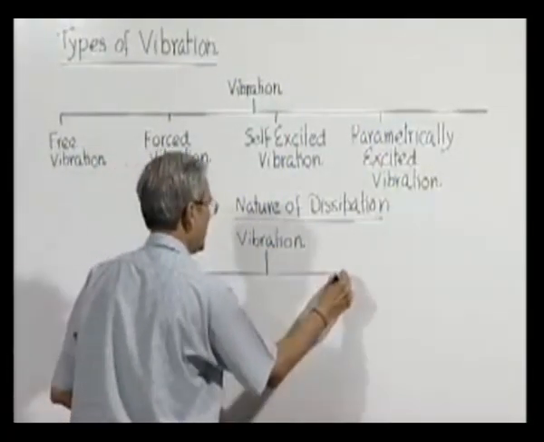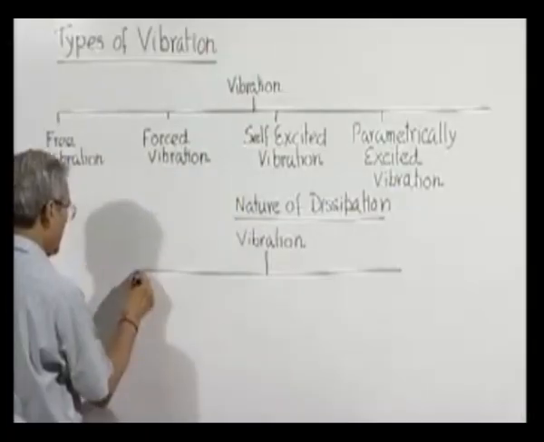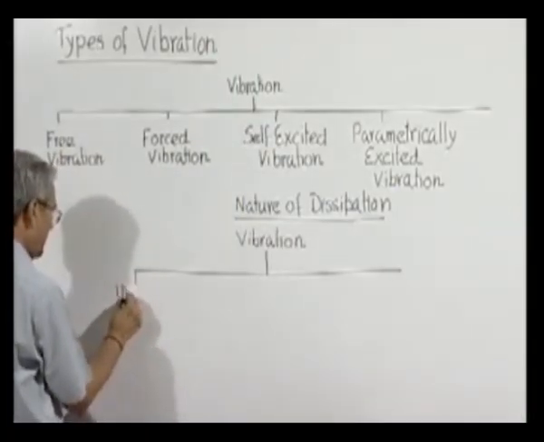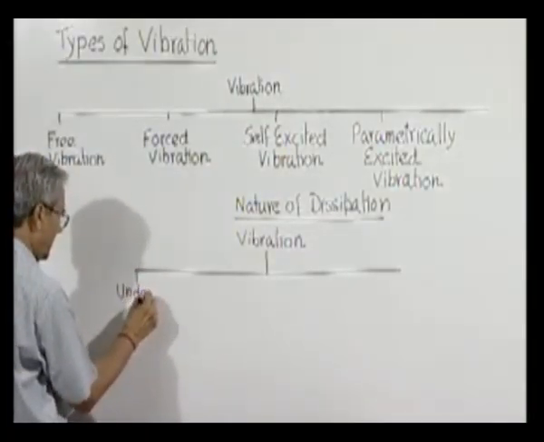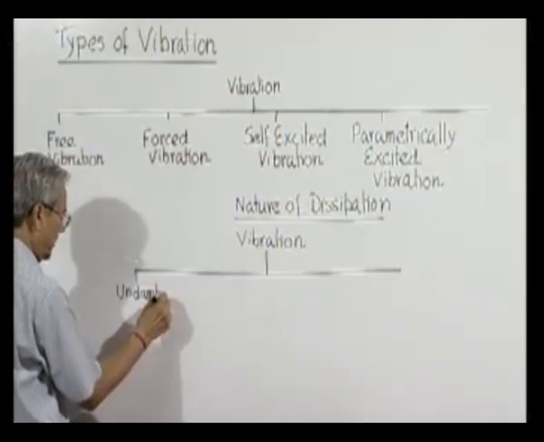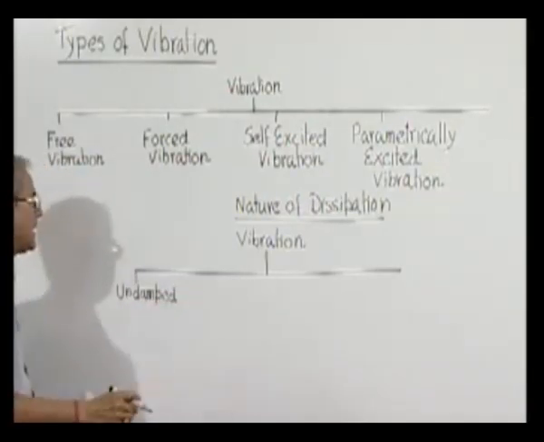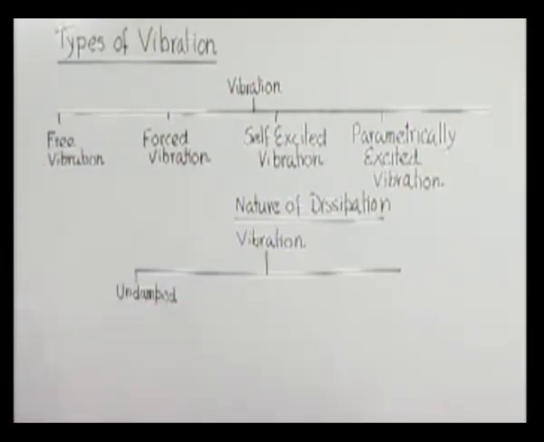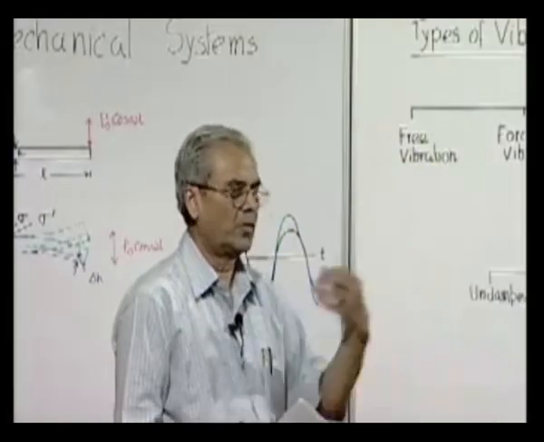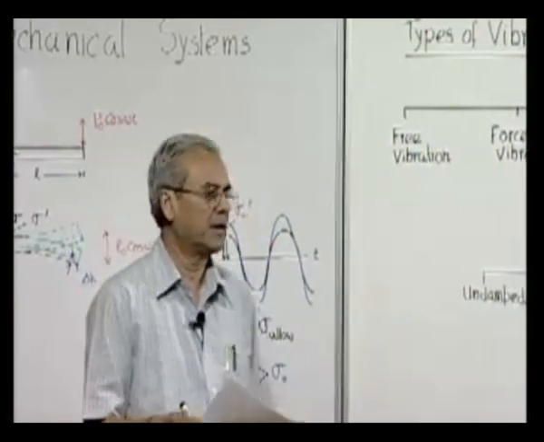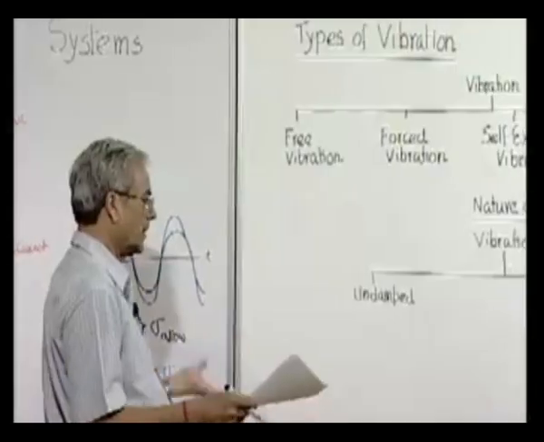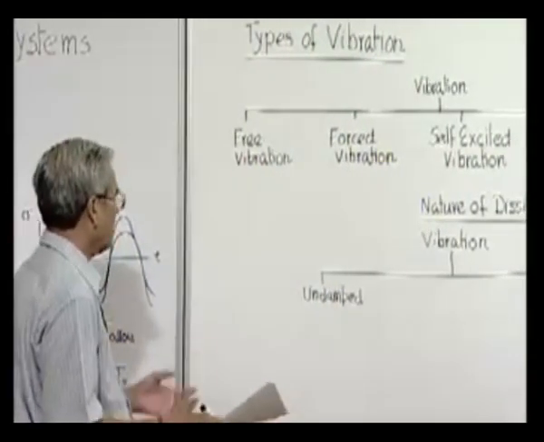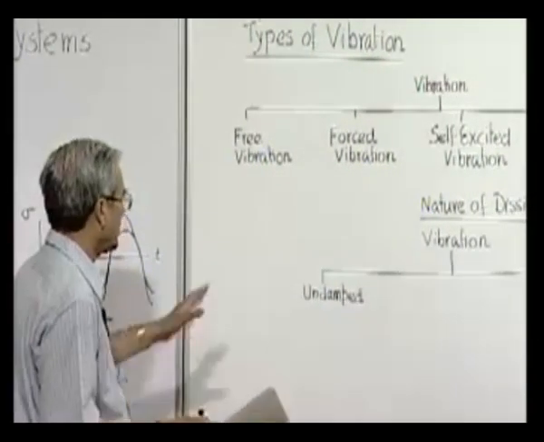One can be undamped vibration, which means the total mechanical energy in the system remains conserved. There is no method by which it is being either reduced or increased, whatever the case may be, but the total energy remains conserved and there is no dissipation.